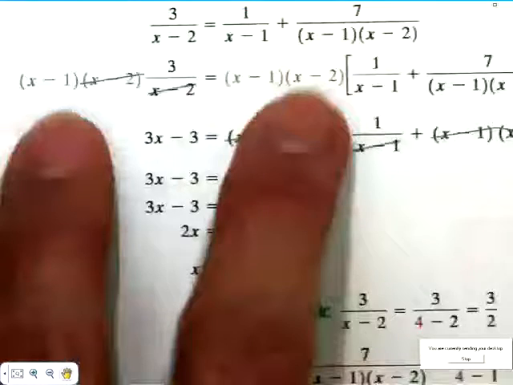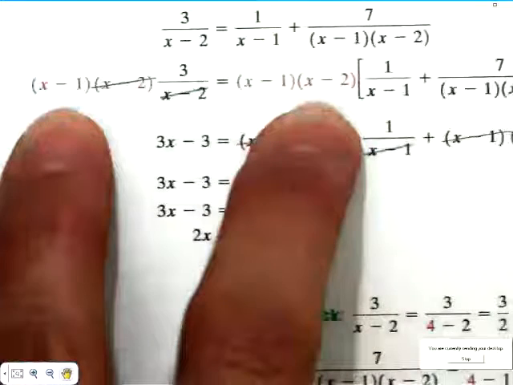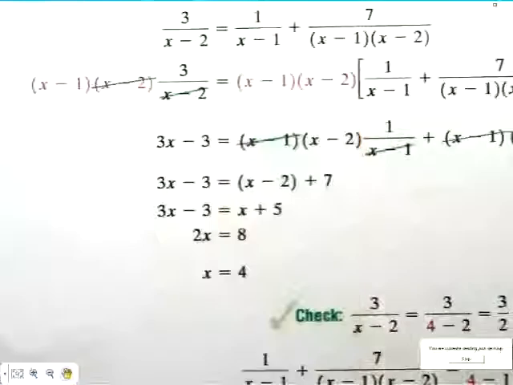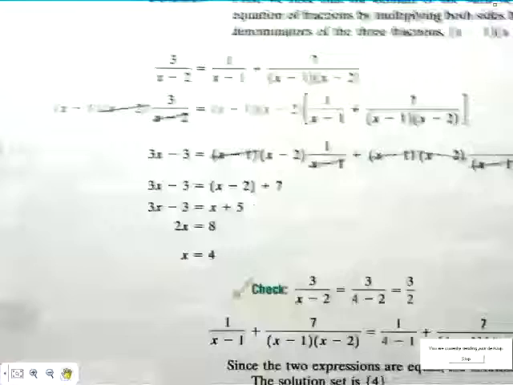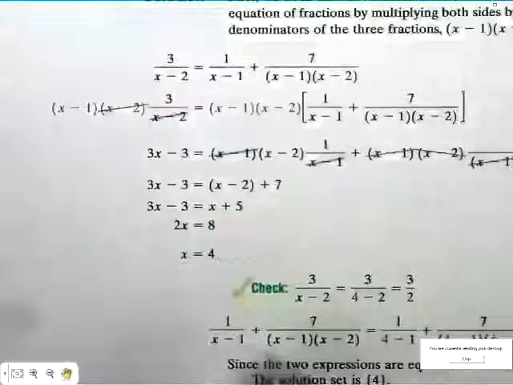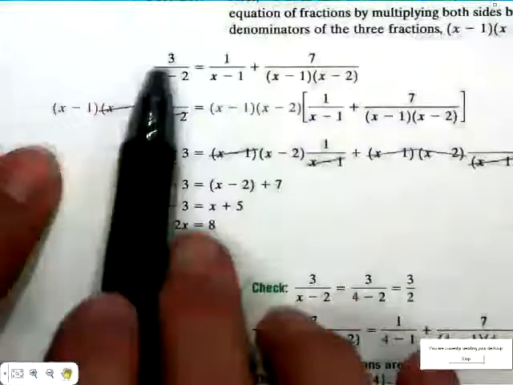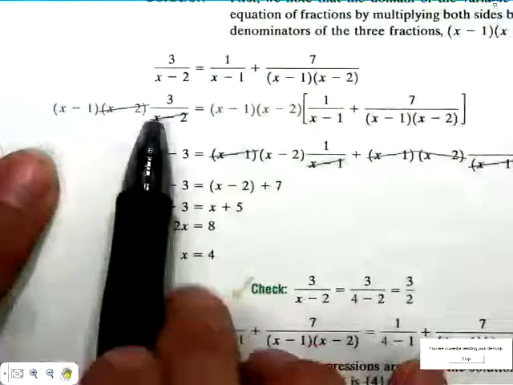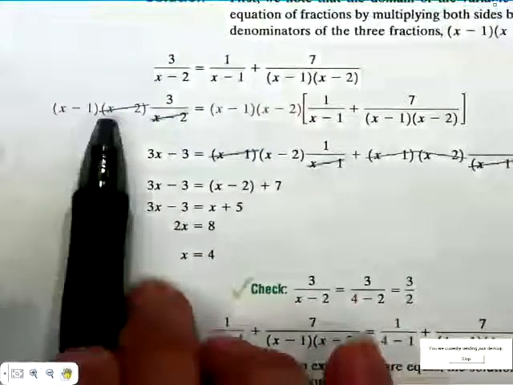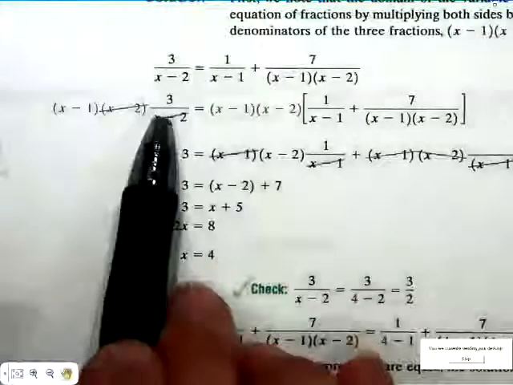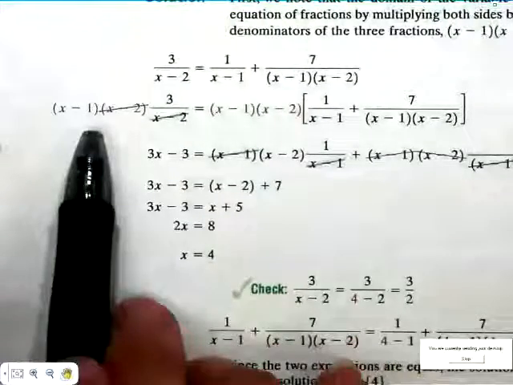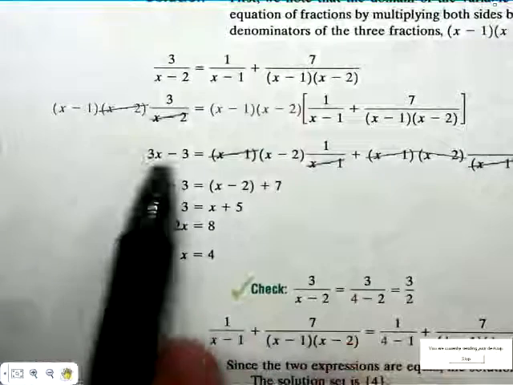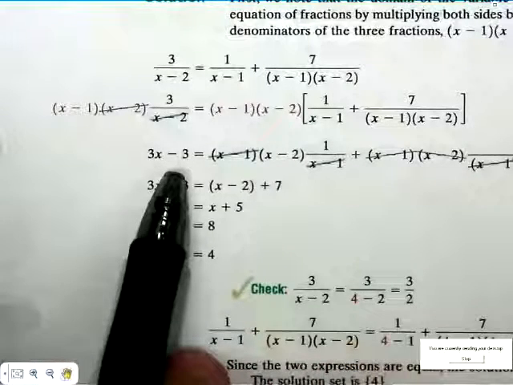So here's both sides multiplied by x minus 1 times x minus 2. If we zoom out just a little bit, the left-hand side was just a single fraction. When you multiply it by x minus 2, the x minus 2's cancel and leave you 3 times x minus 1. They've gone ahead and distributed and called it 3x minus 3.